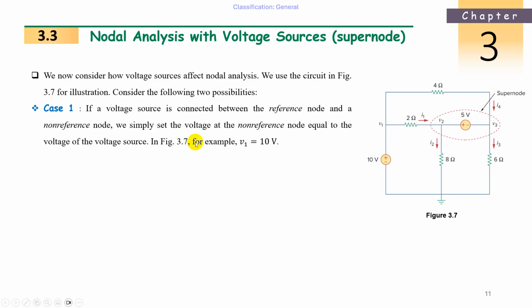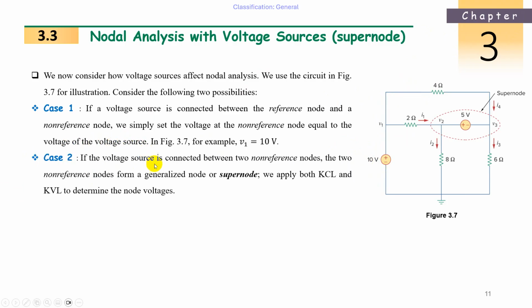So for example, in 3.7, V1 will be directly 10. No need to write voltage divided by resistance, no need to find the current. Directly V1 will be 10 volts. This is very simple. If you come across this, directly we can say V1 is equal to that voltage source.